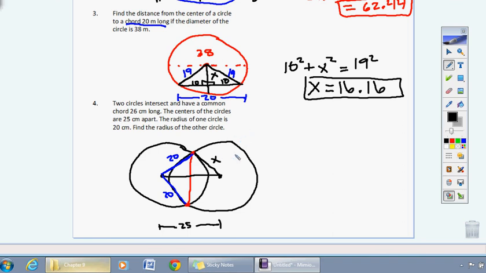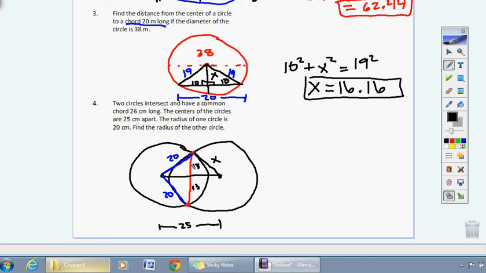One thing it says in the beginning is that this common chord right here is 26 centimeters long. Since we're connecting the centers of the circles, each half of this chord right here is going to be 13.